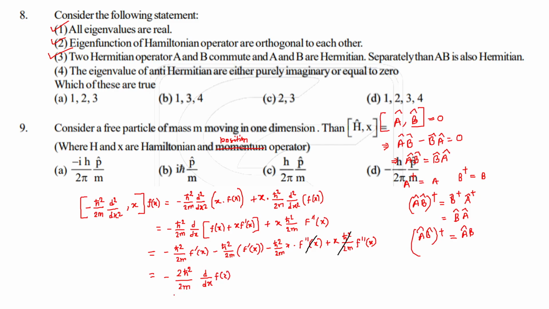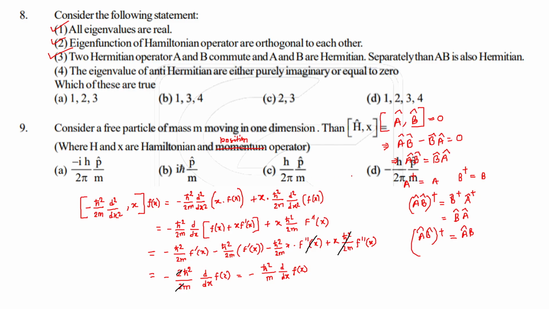We are left with this, and 2 and 2 will also cancel each other. Okay. Now that's not all. If we look at the answer, minus h cut square by m d of dx of f of x, obviously we cannot see anything like that here, right?